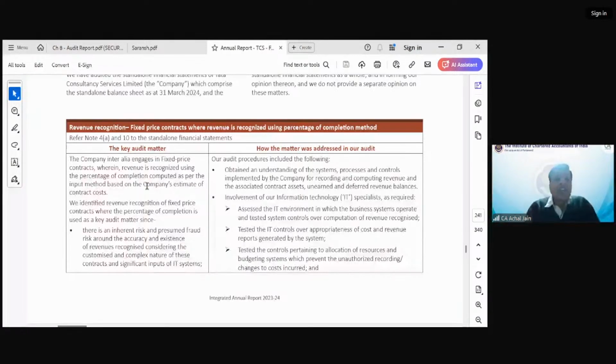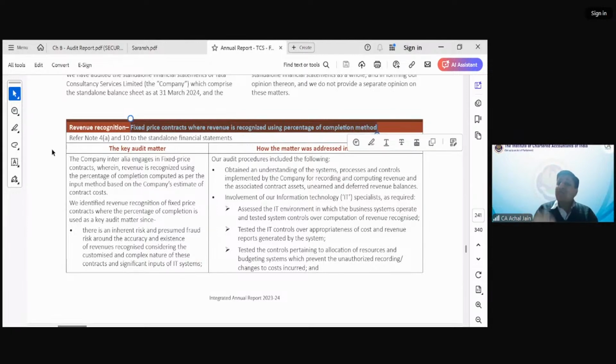For revenue recognition, the auditor is saying fixed price contracts where the revenue is recognized using the percentage of completion method. It means the auditor is not talking about complete revenue recognition, or we are not sure whether it's all about entire revenue recognition. The auditor is very specifically talking about those contracts wherein the revenue was recognized using the percentage of completion method.